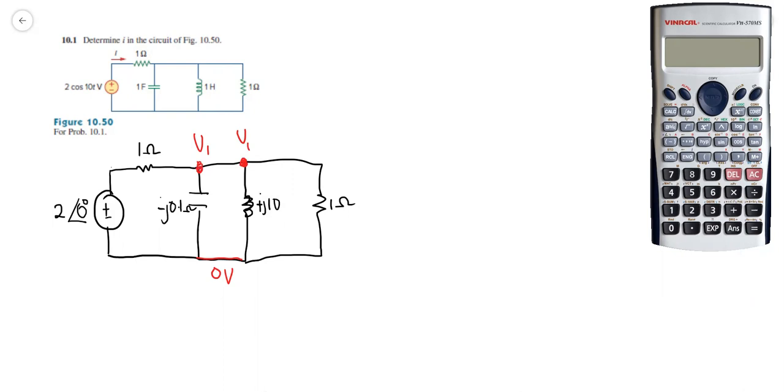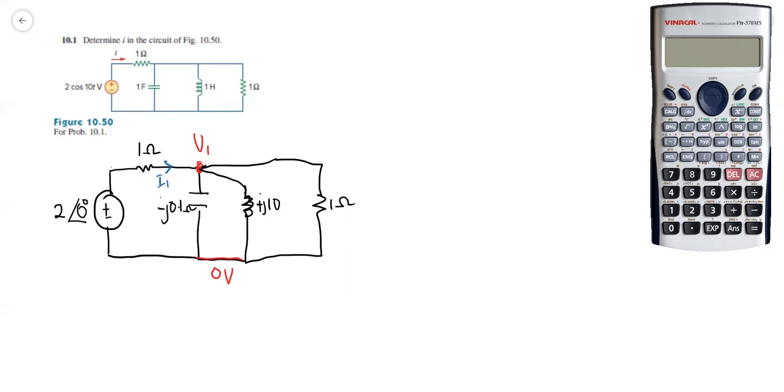So this is actually not a supernode, because if I redraw the circuit, it should be like this. The same node, meaning that we have only one node inside this circuit. Then the third step is to identify the current direction.